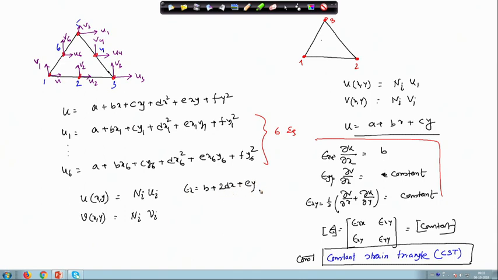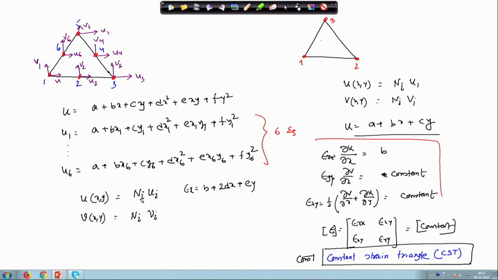So, it is a linear function of x and y. So, this is not constant. Similarly, you can have epsilon y and epsilon xy. So, here the restriction that the strain is constant is not applicable. Okay. So, you get a varying strain field even within an element.